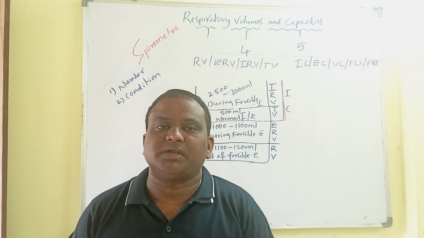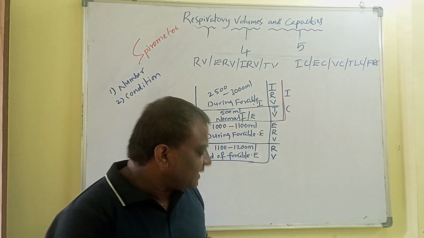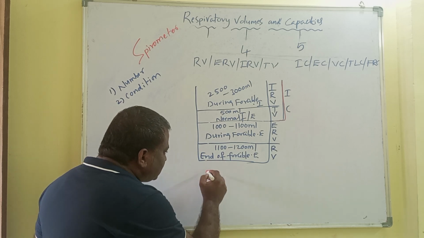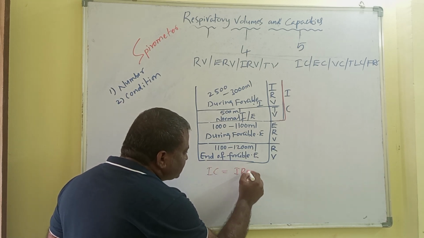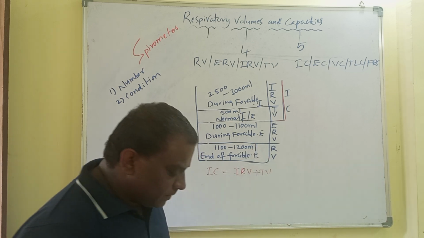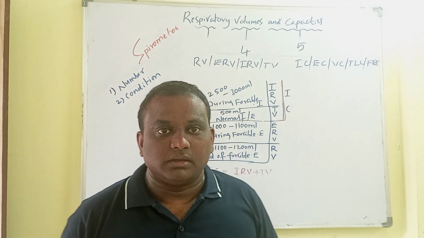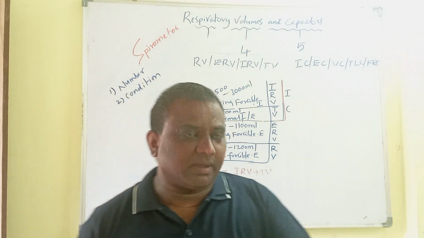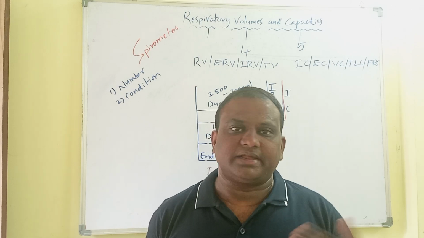So what is inspiratory capacity? IC is equal to IRV plus TV. This is the value. Then what is the condition here? The total volume of air. Capacity means that much air I can inspire or expire.